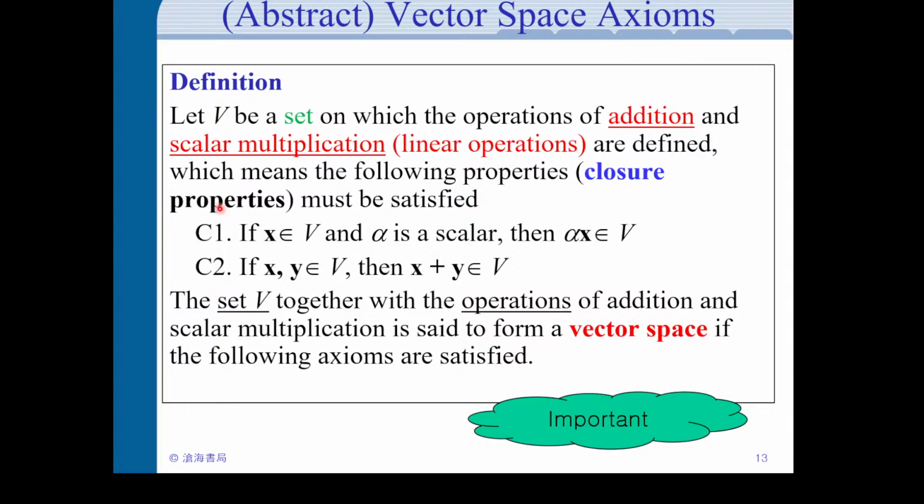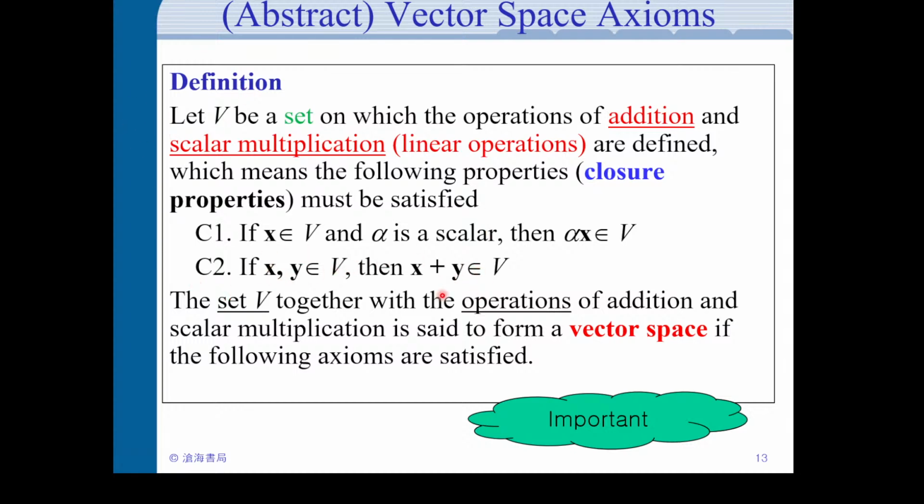First there are two rules, those are the C1 and C2 rules. They are called C because they are closure properties. So first, this set needs to be closed under those two operations. We do C2 first. You take any two things from your space and add them together.